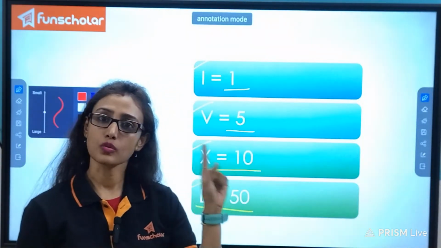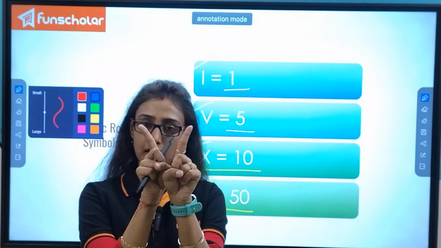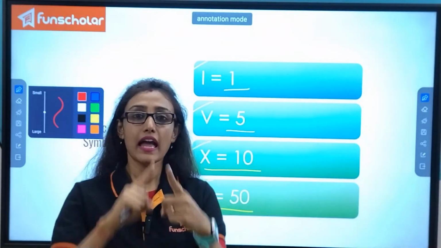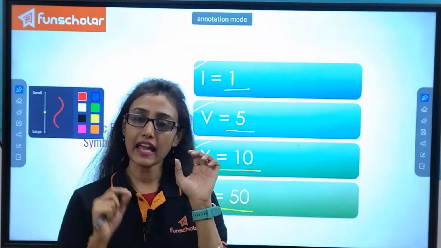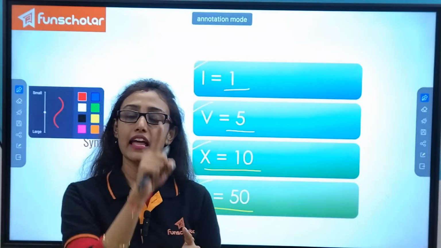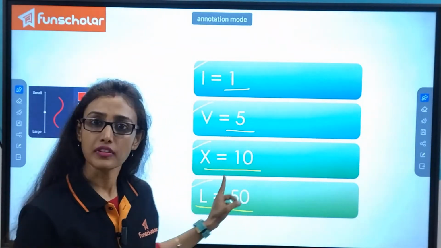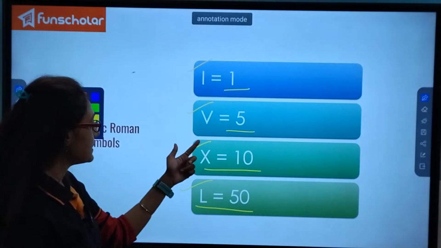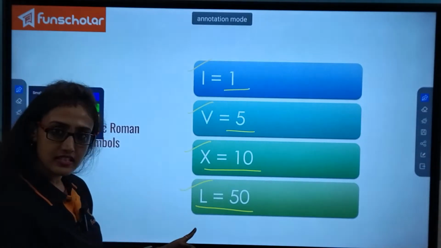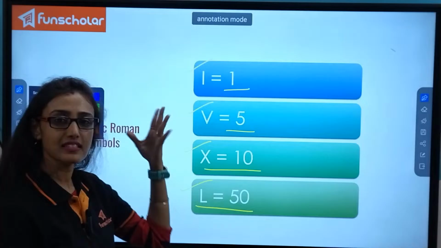I represents 1, V represents 5, X represents 10 and L represents what? 50. I, V, X, L. XL is the size and IV is someone's name.